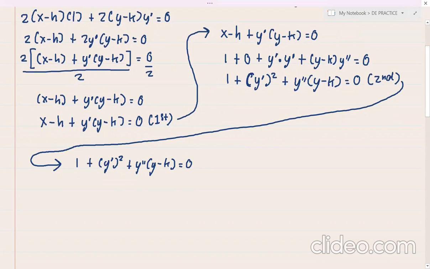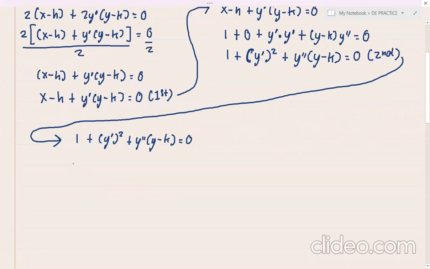Since this is our second derivative, we will get the third derivative. So, by getting the third derivative, this would be 0 plus 2 times y prime times y second prime plus, for this last third term, you will apply the product rule. So, we have y second prime times y prime plus quantity y minus k times y third prime.